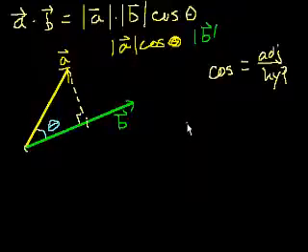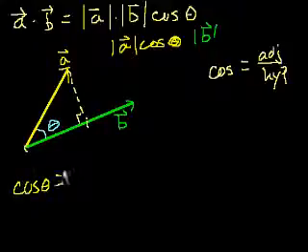So cosine of theta, and this applies to the A vector, cosine of theta of this angle is equal to adjacent, which, I don't know what you could call this.